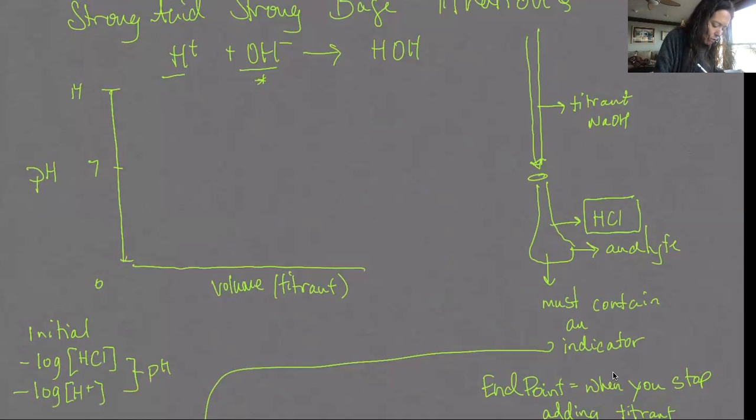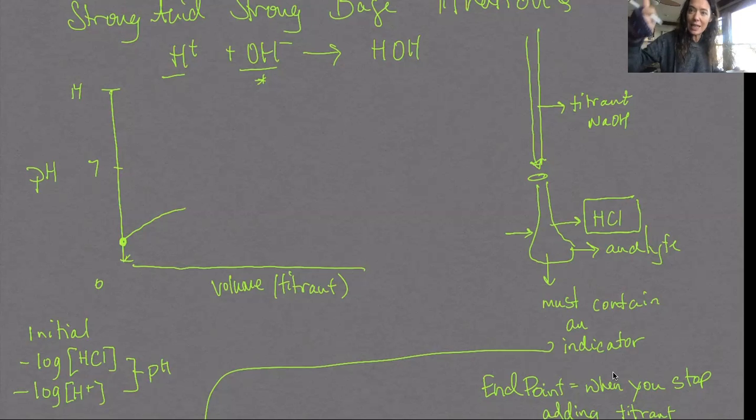Okay, so as I have my H here at a particular pH, whatever it might be, and I begin to add my titrant, my OH, we see that the pH begins to go up because we are losing our hydrogen ions. So we have a decrease in hydrogen ions. We have an increase in our pH. And then we'll see a spike, and then we'll see it go like this.